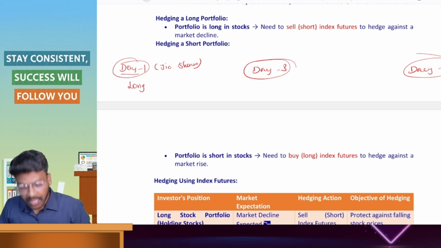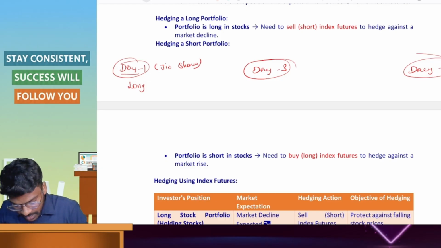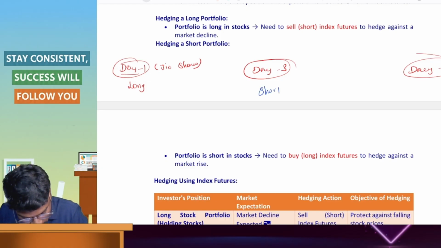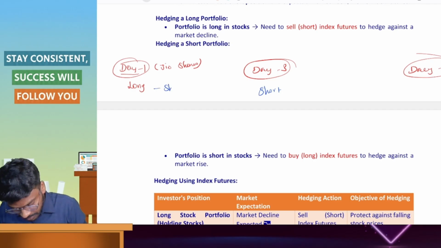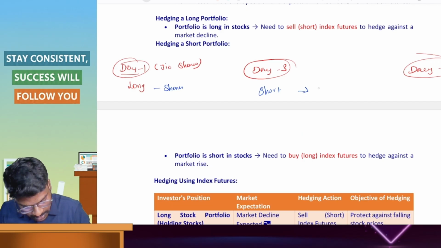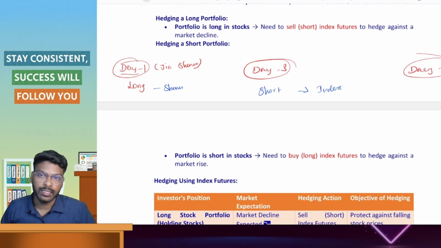On day 3, I have expectation that price will decrease. What do I have to do? In this case, I will go for a short position in the index market. To hedge the losses, I will take a short position.